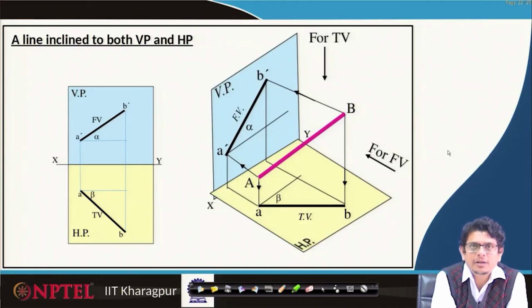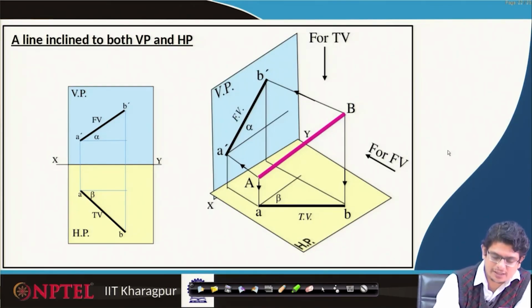The angle made by this true length AB with respect to the vertical plane, we will get it in the top view, and the angle made by this true length with the horizontal, we will see it on that vertical plane or in the front view. These are the directions we will see.